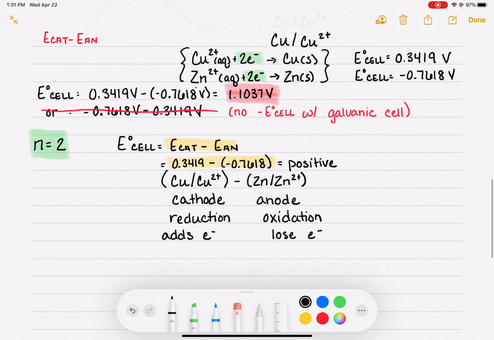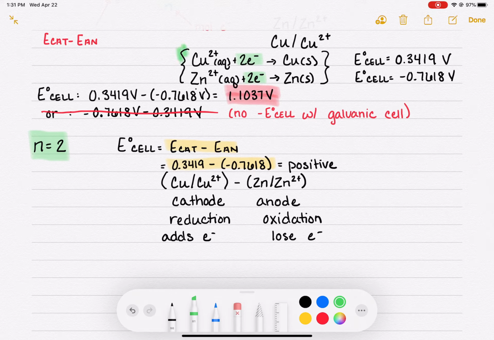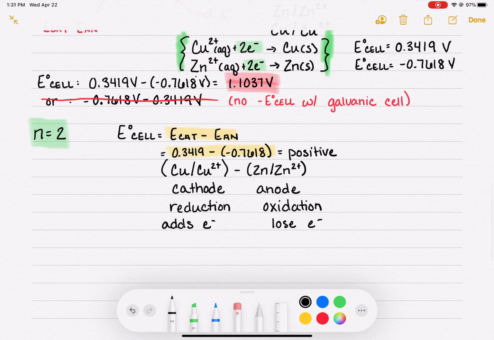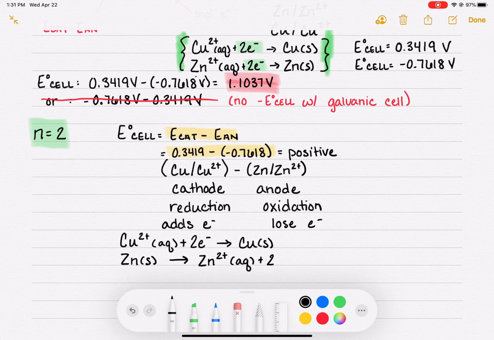All of these are going to help us put our two half reactions in the correct order. Our cathode with the copper needs to be written in the order that shows electrons being added, and that's how it already is. Our other half reaction, the zinc, needs to be written in a way that shows electrons being lost, coming out as products. So the zinc half reaction is the one that we have to turn around.